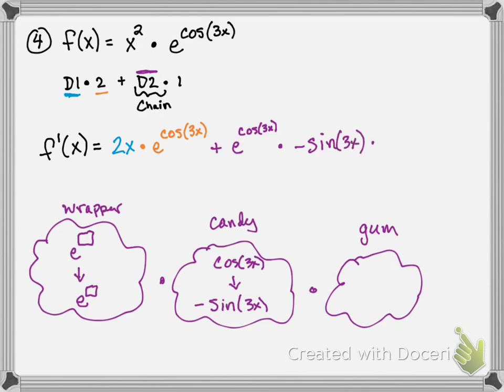Okay, times the gum, 3x. Well, that one's easy. That's just 3, right? Okay, so that's the D2 part. Now we had to go back and multiply it times 1, correct? And 1 is just x squared.